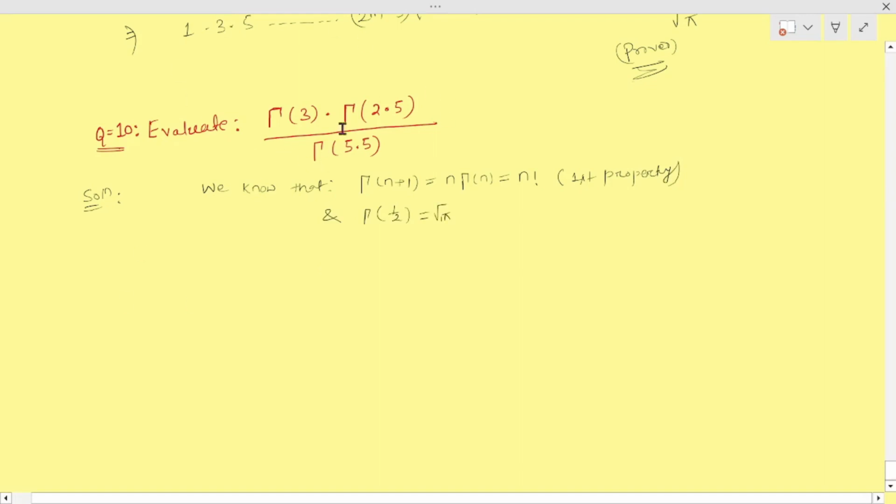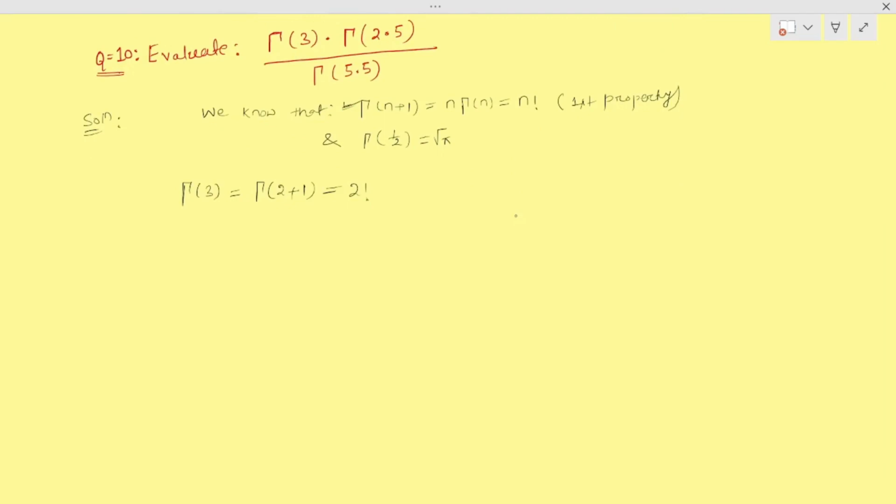So to find the value, we first evaluate all the individual gammas given in the question. First we find gamma 3. Gamma 3 can be written as gamma 2 plus 1. By the first property, its value is nothing but 2 factorial.